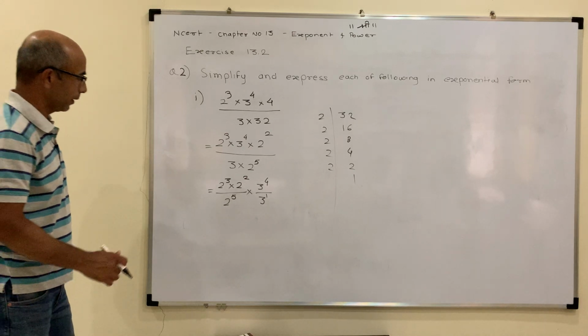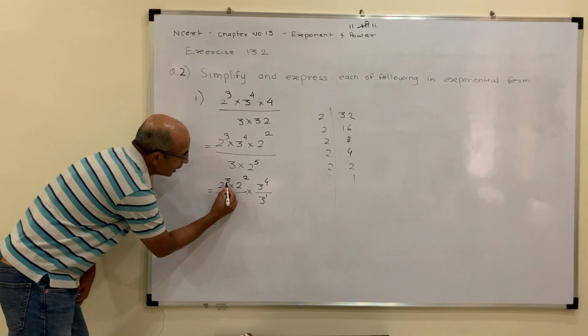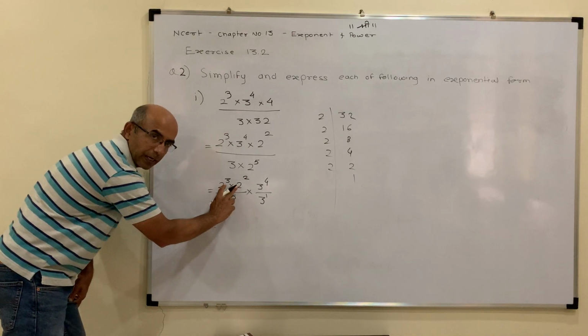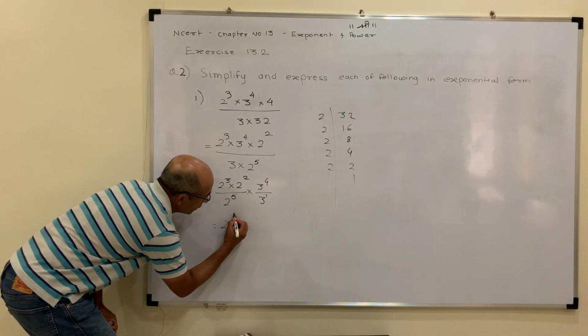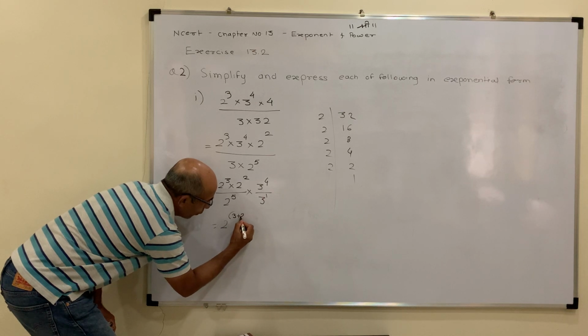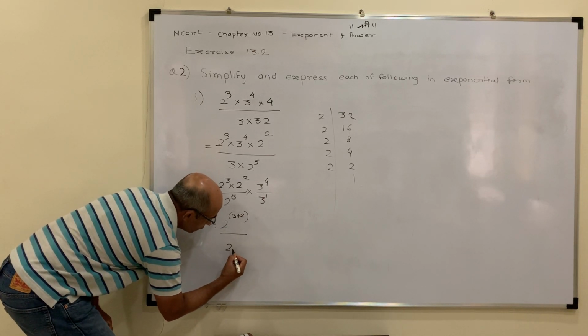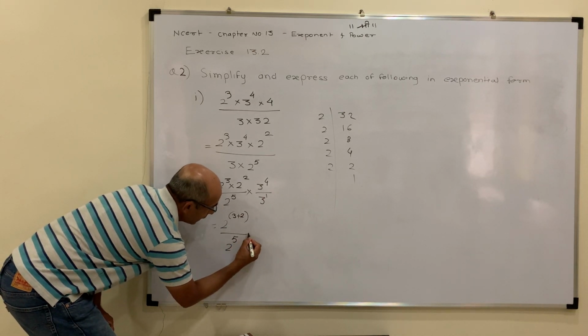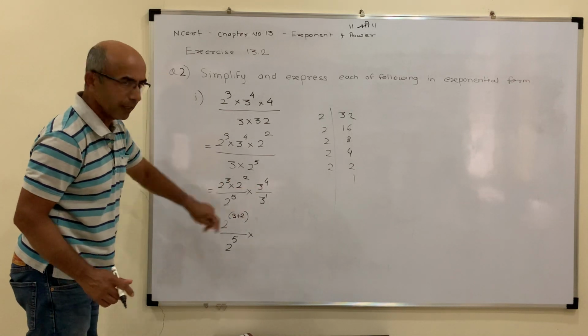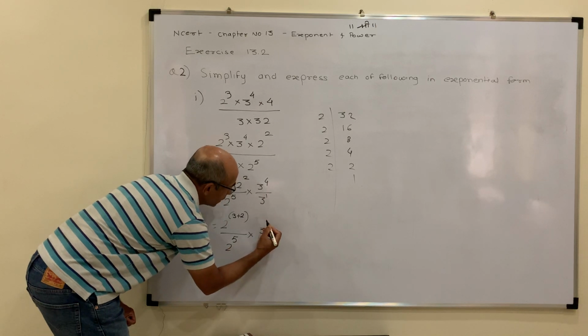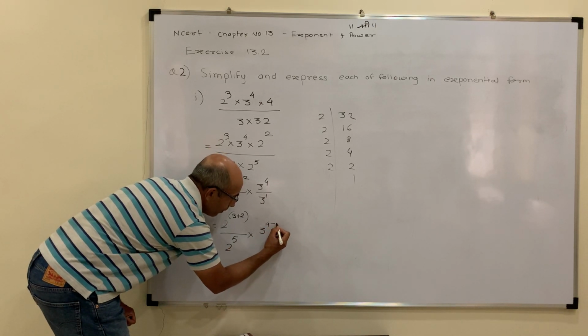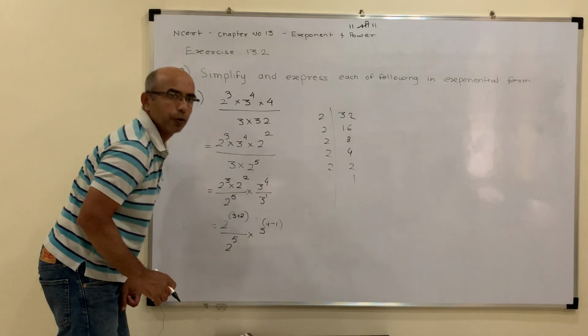So 3 raised to 1. When the base is the same and the operation is multiplication, the powers will be added. So 3 plus 2 divided by 2 raised to 5. And here the base is the same and divide is the operation, so 3 raised to 4 minus 1.